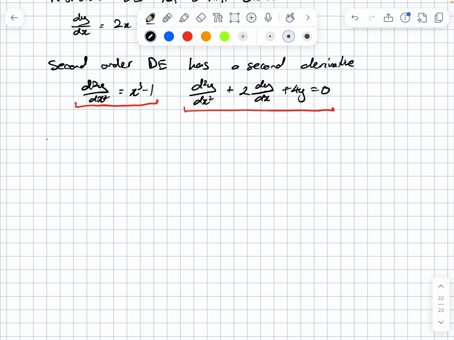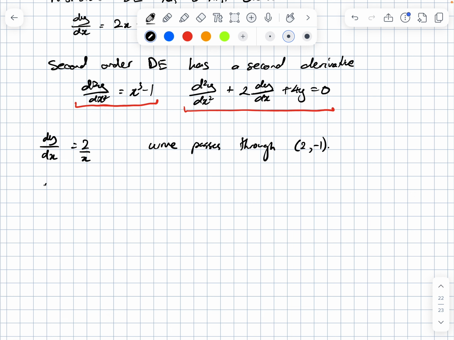You could have something that says dy dx is equal to 2 over x, and you're told that the curve passes through the point 2, negative 1. So firstly, we're going to integrate this. When we integrate dy dx, we get y.